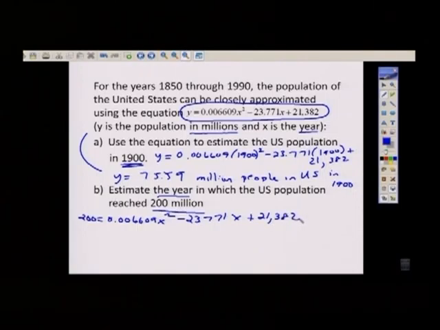We're going to try to solve for x, and we're going to use the quadratic formula, but to use it, your equation has to be equal to 0. So I need to subtract over the 200.